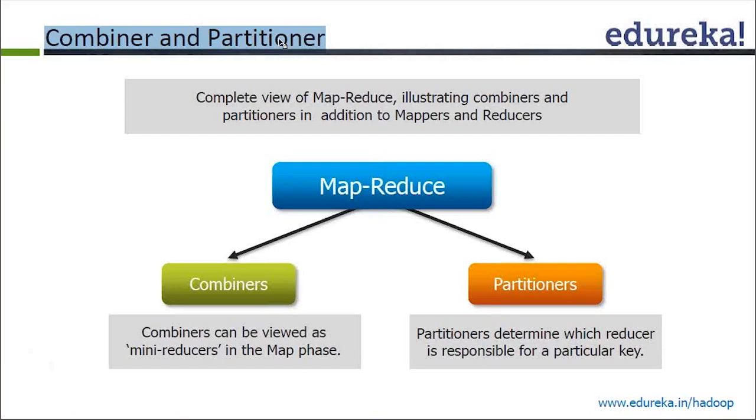Based on that number, you identify which particular reducer this input data set is going to be sent to. During the shuffling phase, it will use the logic which you have coded in the partitioner class, and based on that logic, it moves the data from the mapper to the reducer.